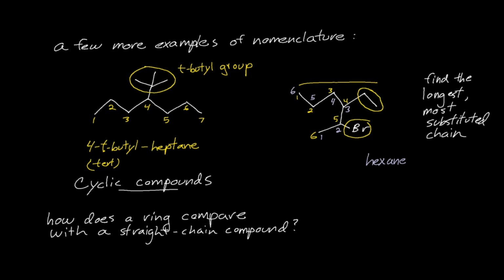So it's a 2-bromo, 3-ethyl hexane, or N-hexane. That's my script N. Technically it needs to go in there. 2-bromo, 3-ethyl N-hexane. So you have to recognize this as an ethyl group, of course.